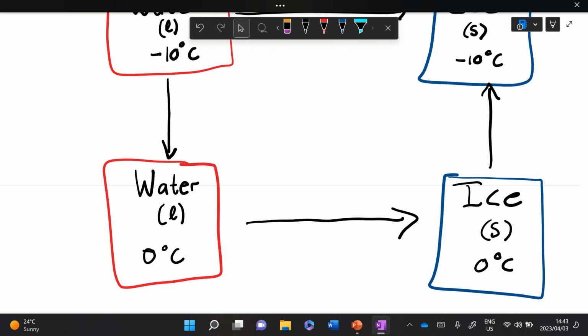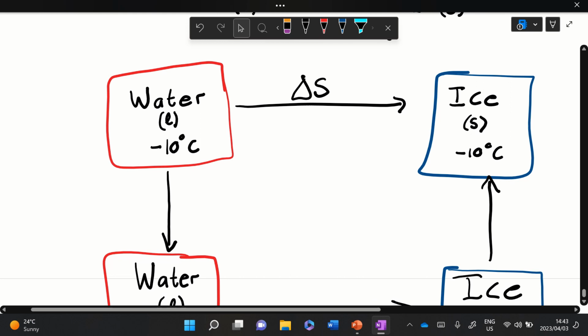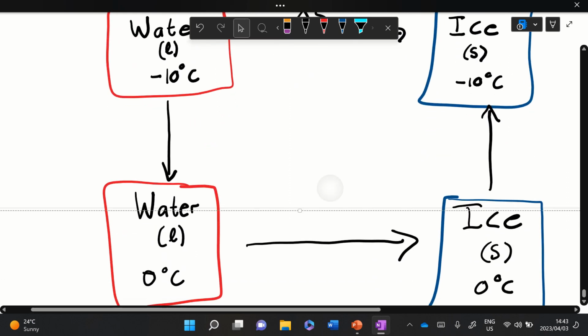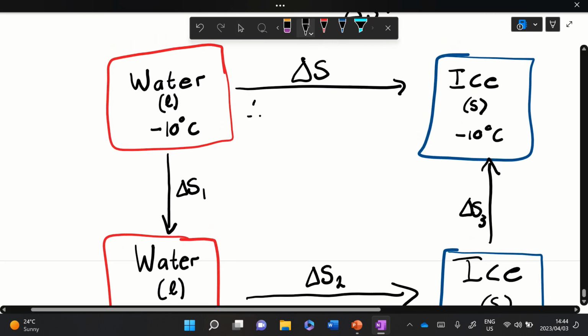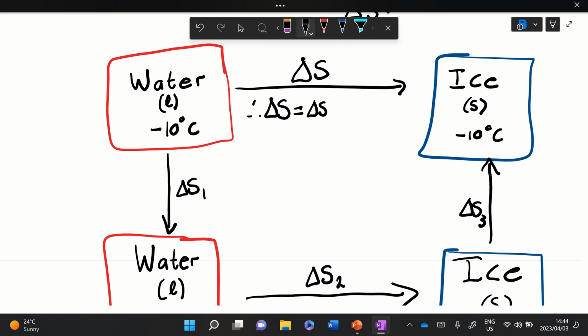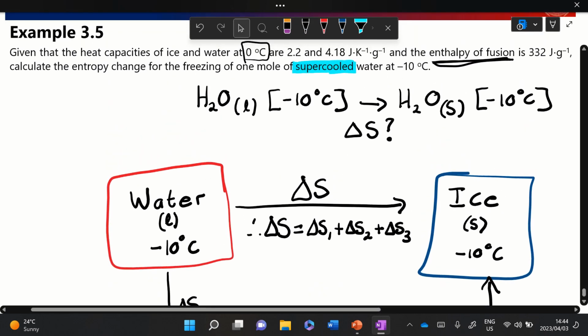So instead of having one big process, we have 3 smaller processes, and we can sum their entropy changes to give us the large entropy change. In other words, the large delta S is equal to the sum of our smaller entropy changes. That's how we break it up, and then we can use our standard information.